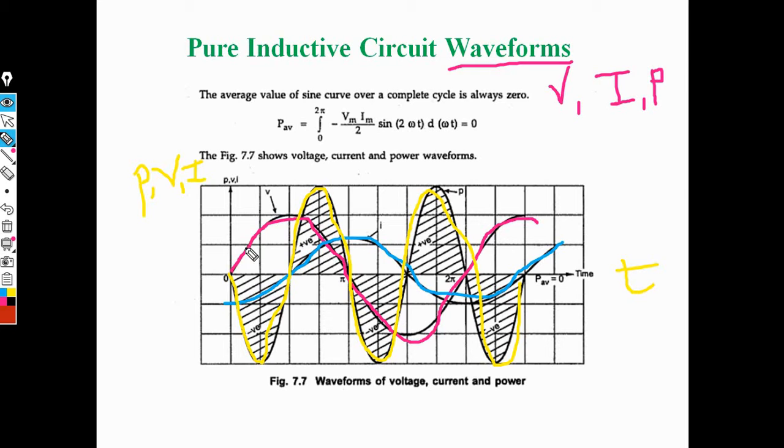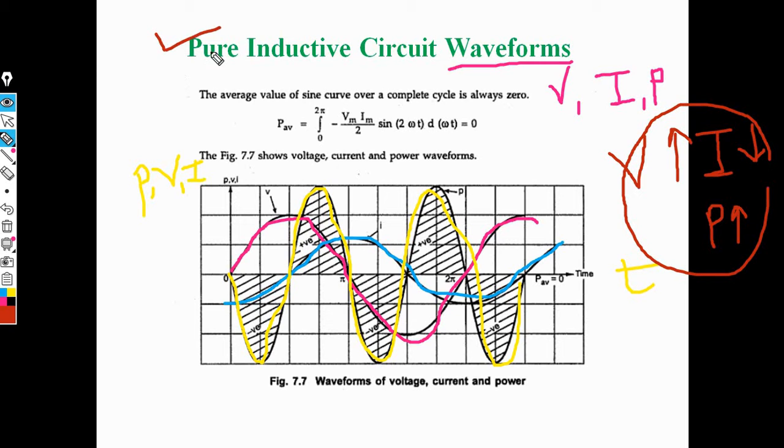When the voltage is maximum, the current is minimum, and the power is maximum. This is the important concept in a purely inductive circuit.